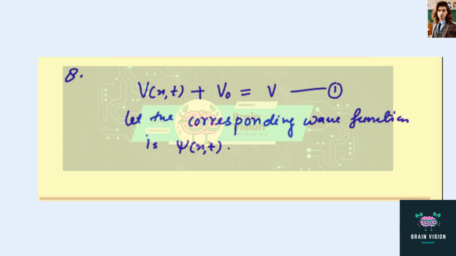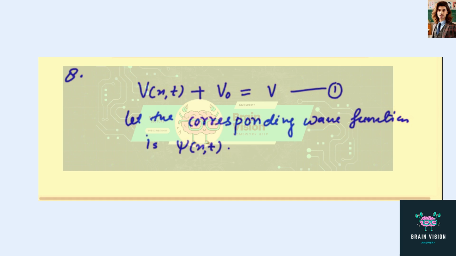And in classical mechanics, this does not change anything. But what about quantum mechanics? The wave function picks up a time dependent factor, that is e power minus i V naught t by h bar. What effect does this have on the expectation value of the dynamical variable?